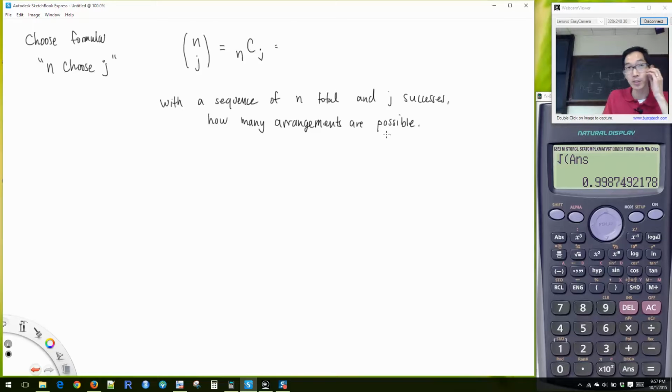Or another way: if you have n items and you're going to choose j of them, effectively you're choosing j of them to be successes, how many ways can you choose j items? How many combinations are possible?